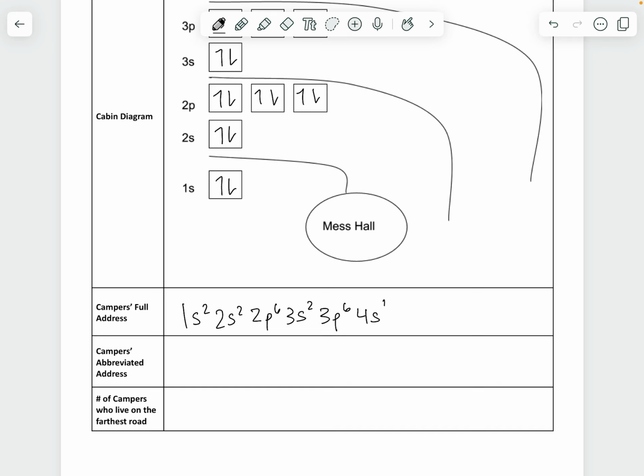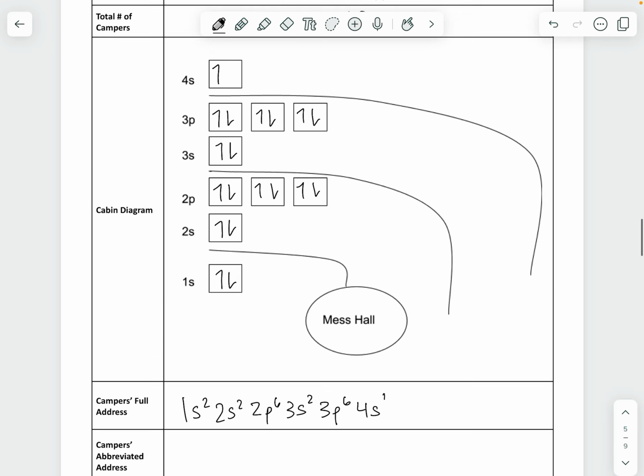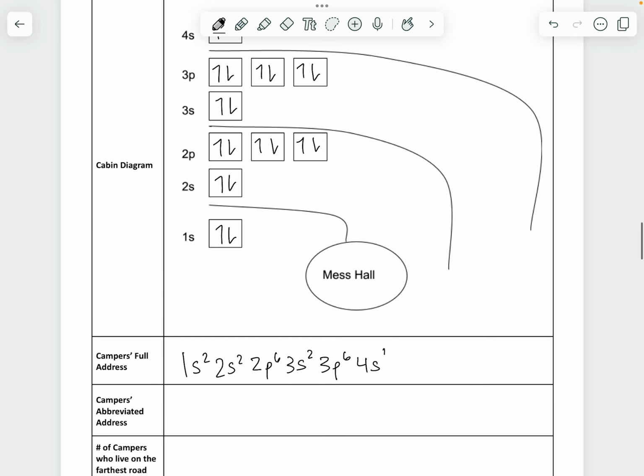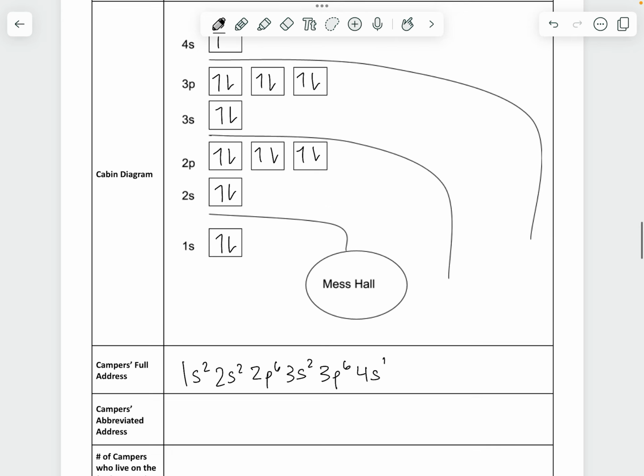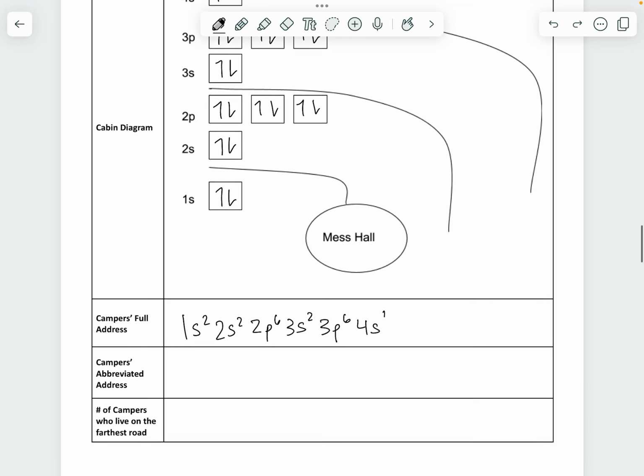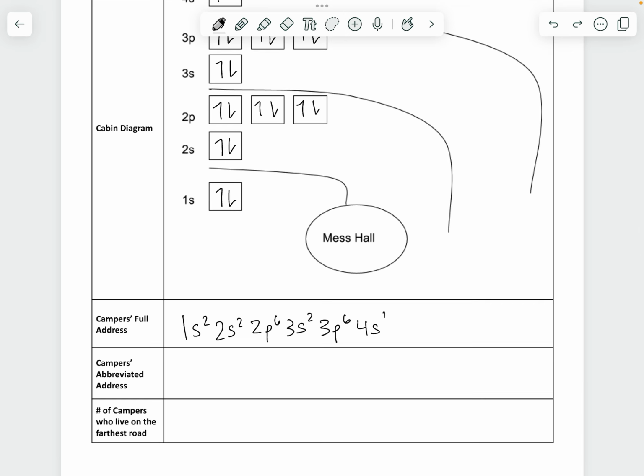Now you're seeing how we end up with more dirt roads filled, and the more dirt roads filled, the longer our address is. And so the most recent dirt road that we filled was the third road. And so we go and see, well, how many campers do we have all the way up until the third road ends? And we see 2, 4, 10, 12, and 18.